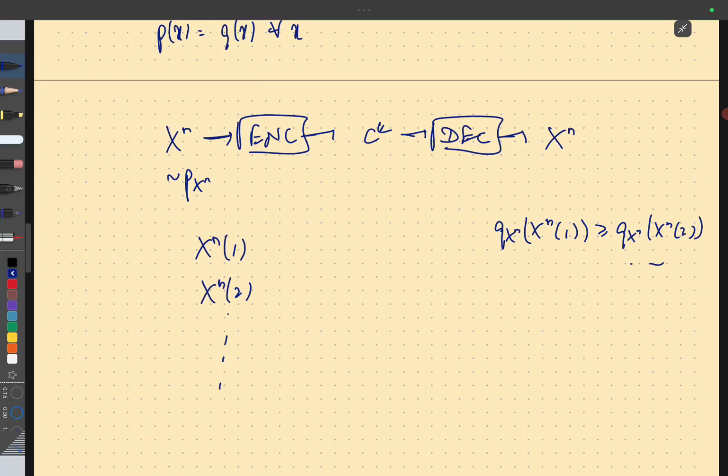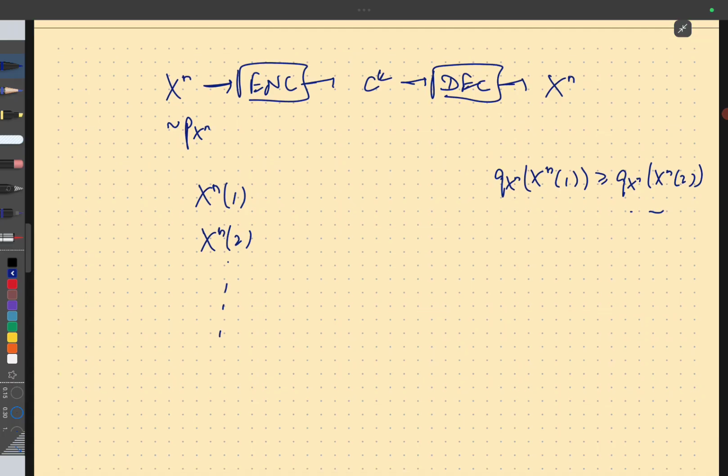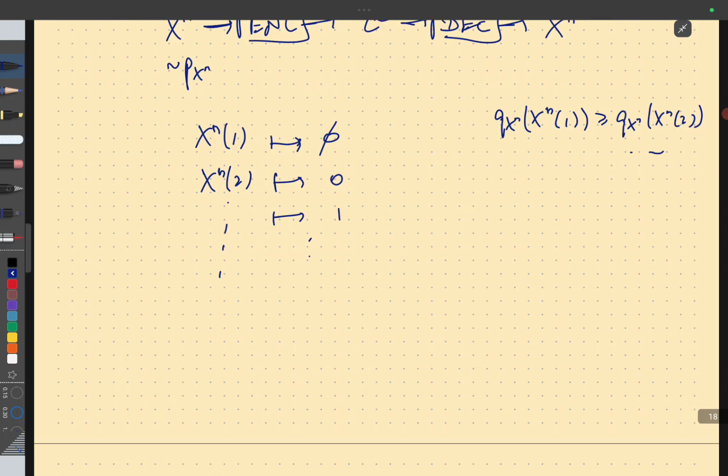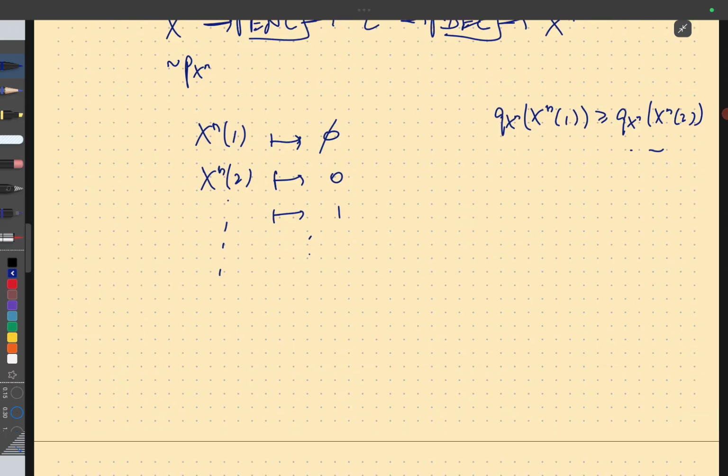So Qxn is some distribution that the encoder and the decoder both know and they're going to use, but xn itself is drawn according to P. All right, great. And I'll do the same thing. So xn of 1 is going to be mapped to the empty sequence, xn of 2 will be mapped to 0, xn of 3 is going to be mapped to 1, and so on. Hopefully this scheme is clear. Right? I'm assigning the code words based on the distribution Qxn instead of Pxn.